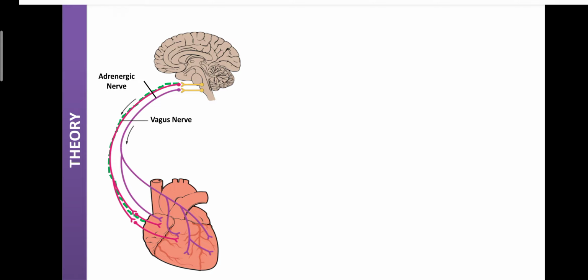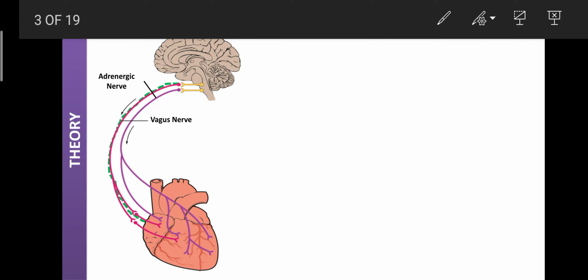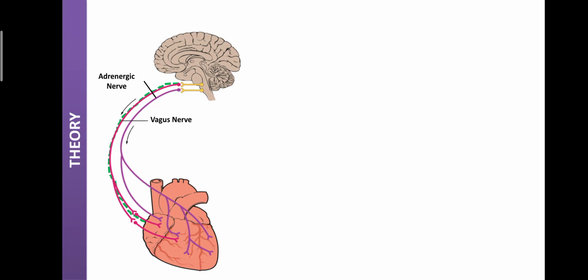Due to activation of the vagus nerve, acetylcholine is released. The released acetylcholine activates the muscarinic acetylcholine receptor, and the heart mainly consists of M2 receptors.